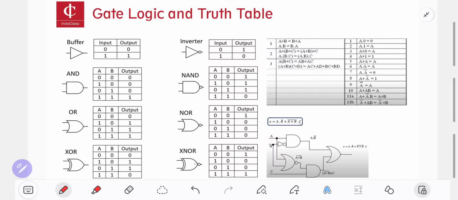But for XNOR gate logic, if the input values are the same, 0 0 or 1 1, the output value is 1. Okay, I think you understand this truth table about input and output values.